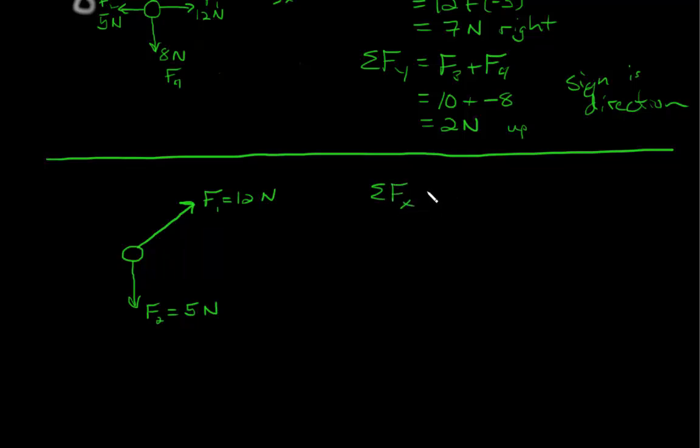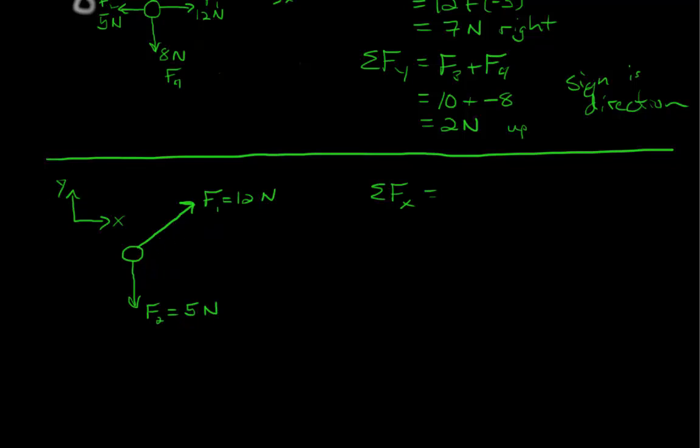Well, the net force in the x is going to be a component here. So again, we do x and y like so. It appears that there's nothing acting in the x, but you have to remember that this force here can be broken into 2 parts, into these components.